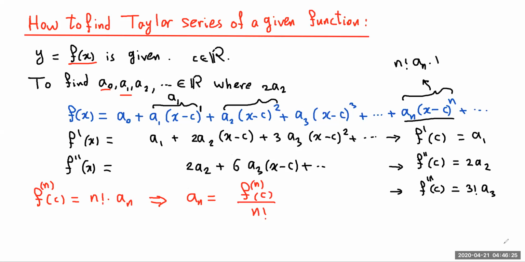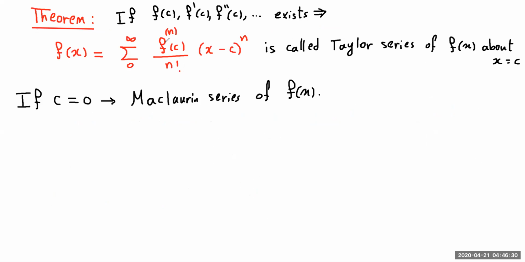So this is our next theorem here. If we suppose that the function f has derivatives of any order at the number c, so the first, second, third, all the derivatives at c exist, then the function f will be given by this formula.